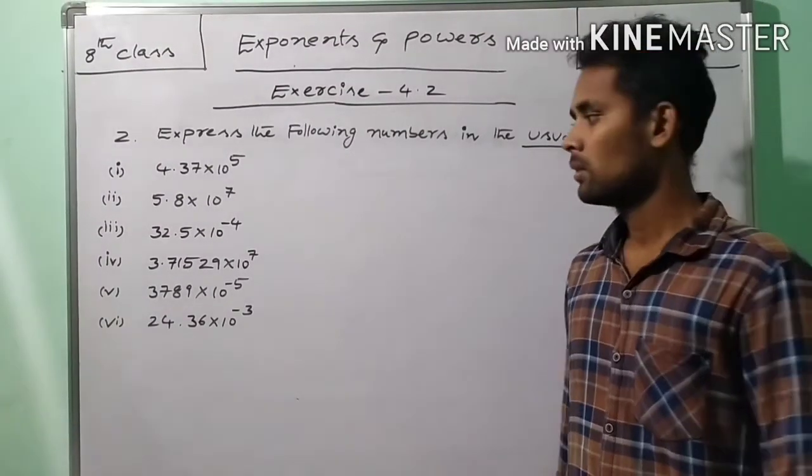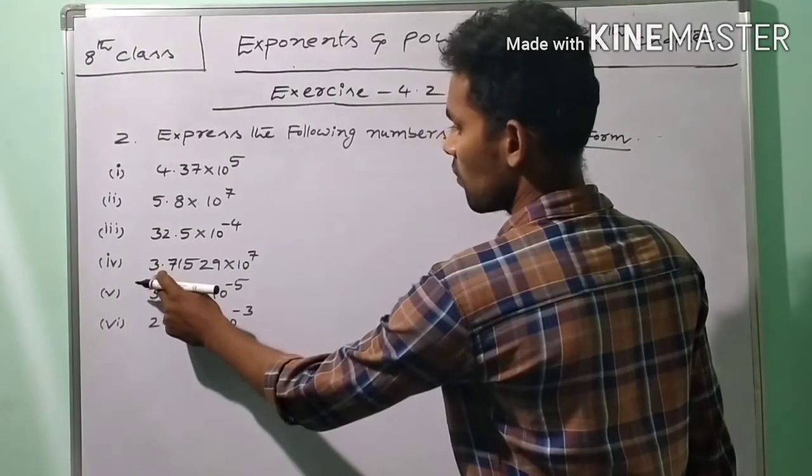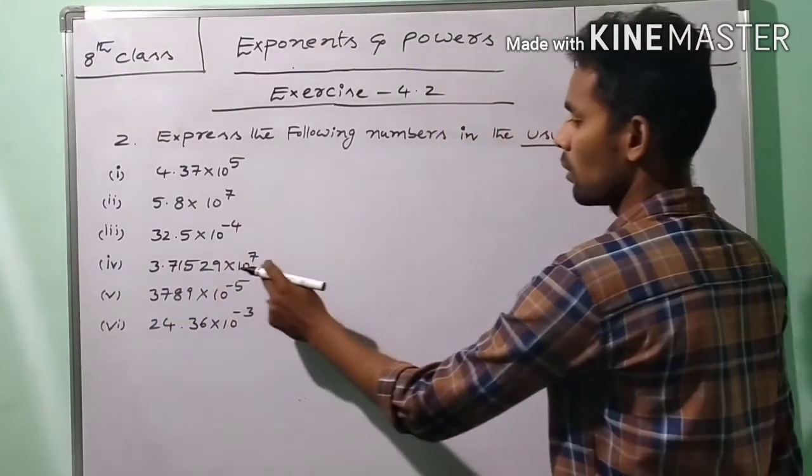Fourth question. 3.71529 into 10 to the power of 7.